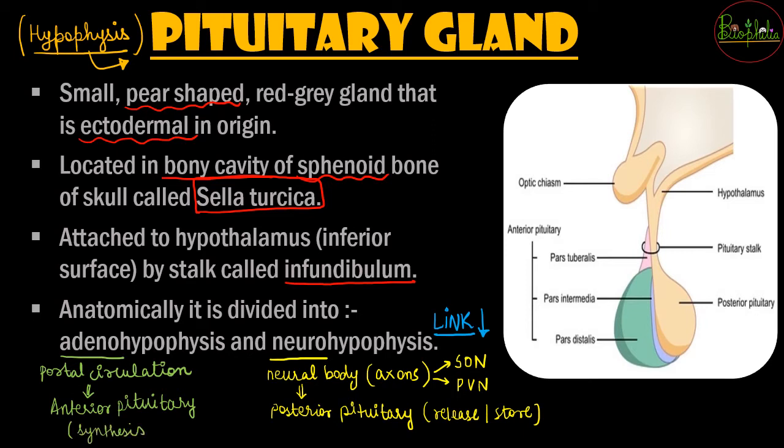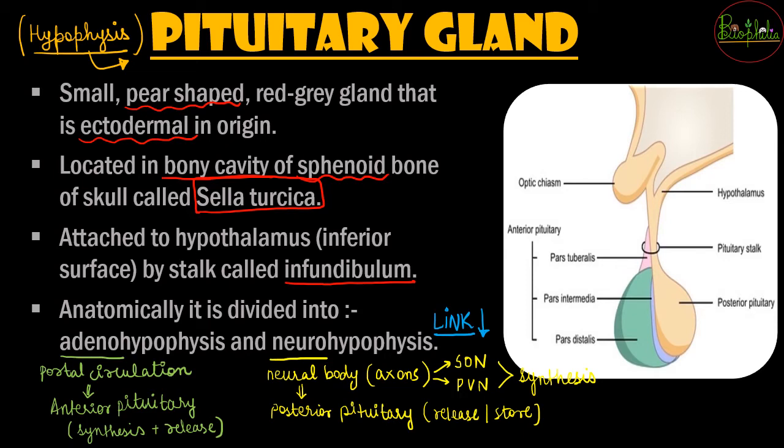After synthesizing, it is also going to release the hormones. So synthesis plus release occurs in the anterior pituitary, whereas the posterior is only for storing and releasing. Where will its synthesis occur? Synthesis will occur in the two nuclei in the hypothalamus.